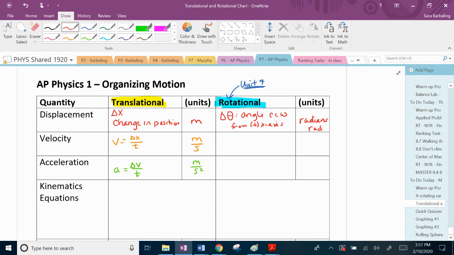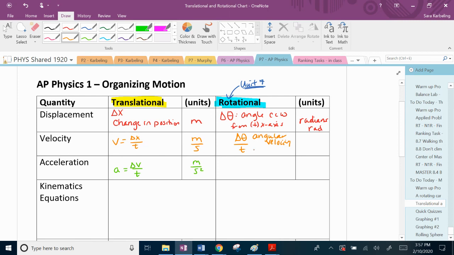Just like translational velocity is change in position over time, same here. It's the change in theta over time. That's all it is. Delta theta over t. This thing is known as angular velocity, rotational velocity. It can also be known as angular frequency.